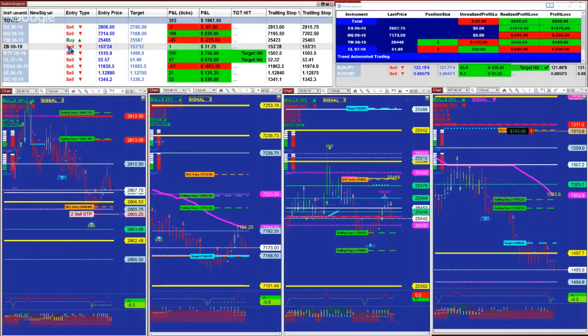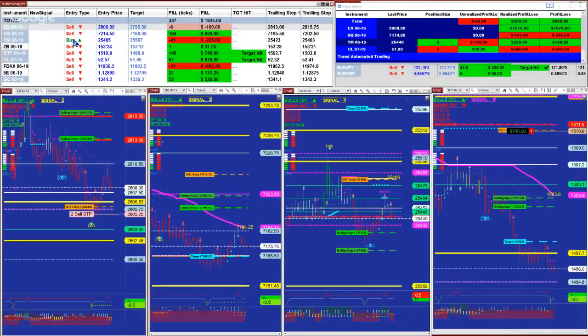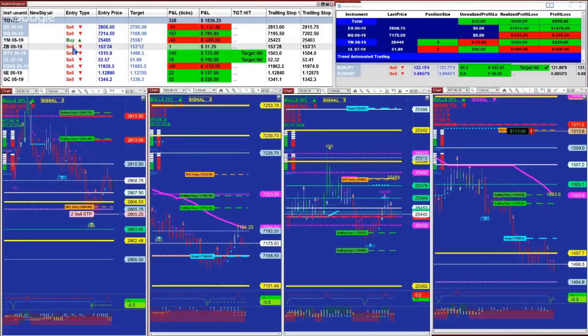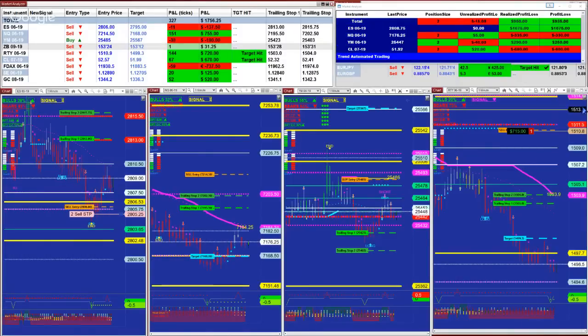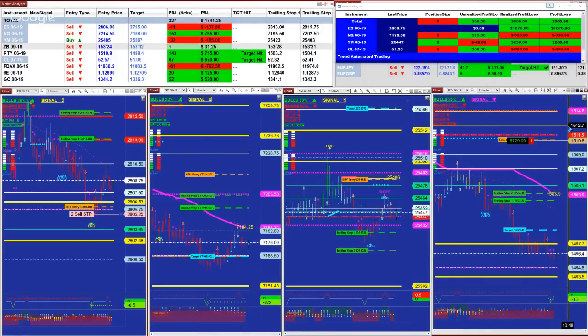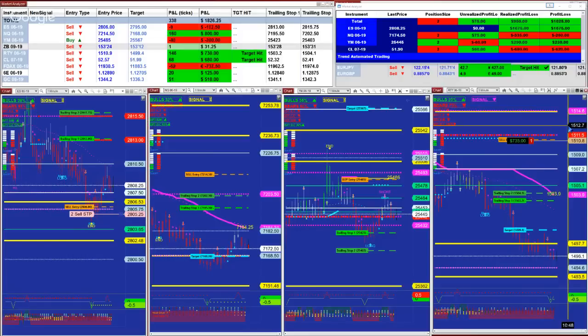Or if we have a buy on the ES, a buy on the Nasdaq, a buy on the Dow Jones, and a sell on the 30-year Treasury bond, that means this is a good day to ride the market. But on a day like today, it is Vegas time. Your percentage in nailing those trades drops from 8 out of 10 to 3 out of 10, because it's not in sequence.